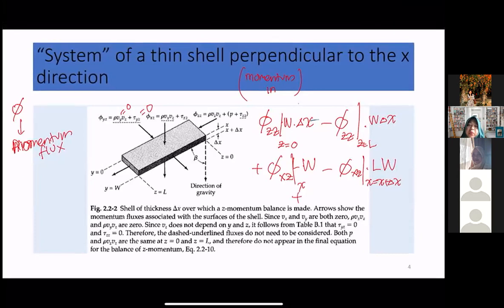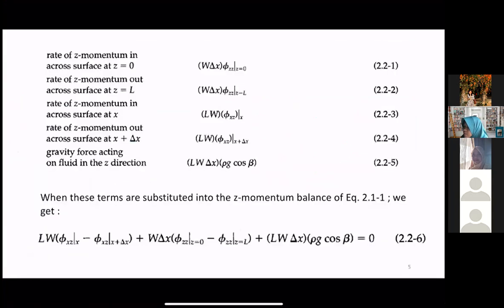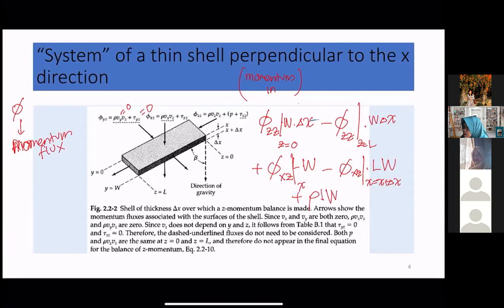For the gravity, we have to calculate rho, which is the density, multiplied with the volume. And what volume? The volume of the shell that we're looking at. So the volume of the block would be W L W multiplied with delta x. And that's equal to 0.